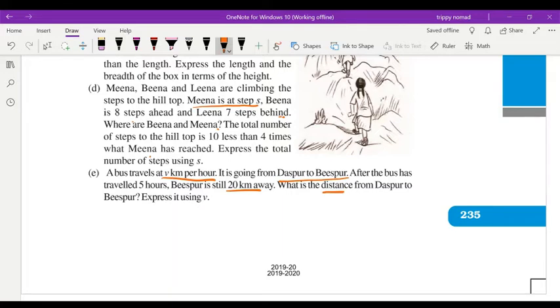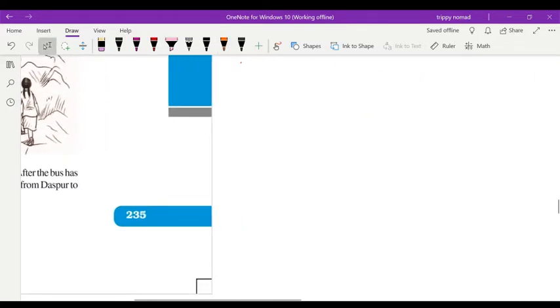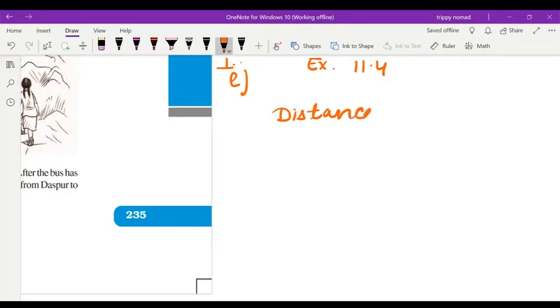What we have to find out? Question is E part of main question number 1, exercise 11.4. What we have to find out? That is distance. Distance is question mark, that is not given. And what is the formula to find out the distance?